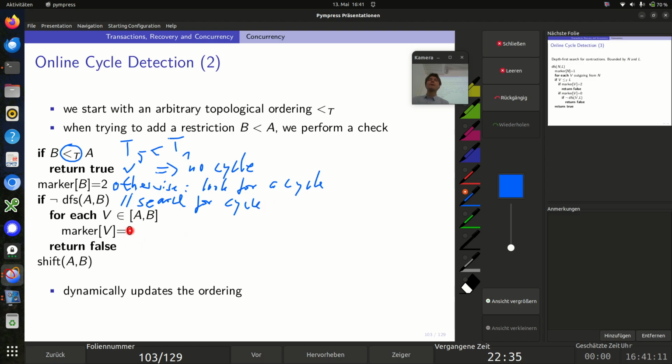And then we see, okay, if a cycle is found, cycle found. And otherwise, no cycle. This means we have to change the ordering.